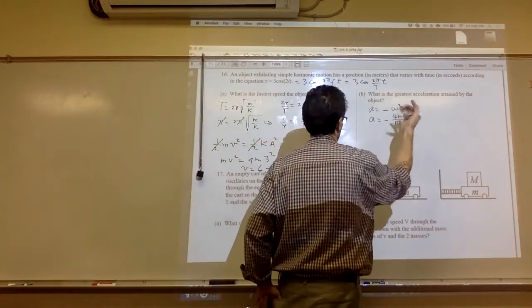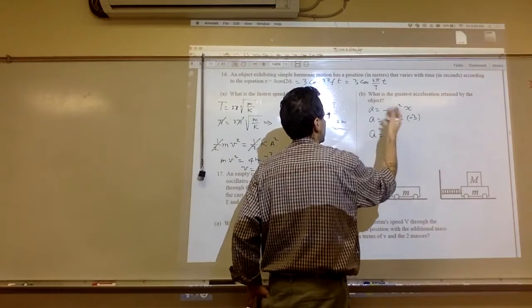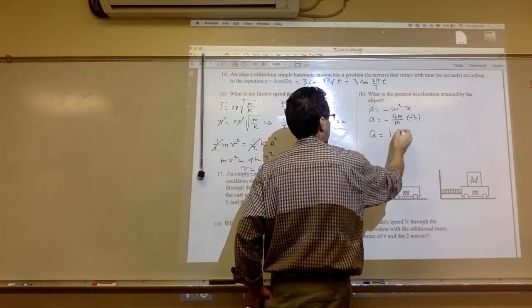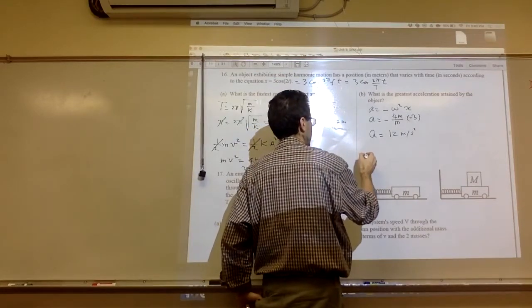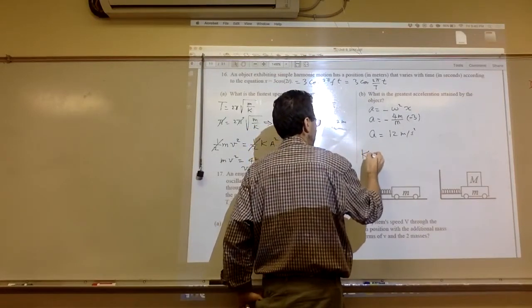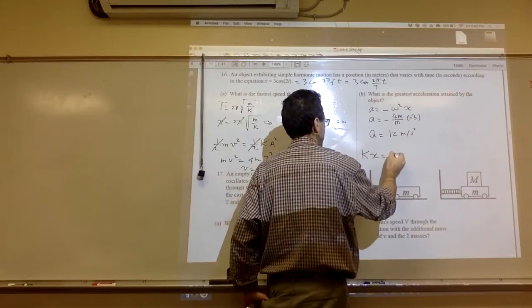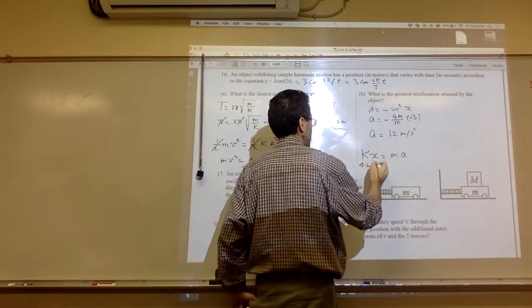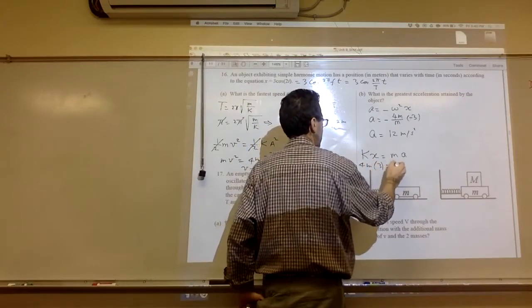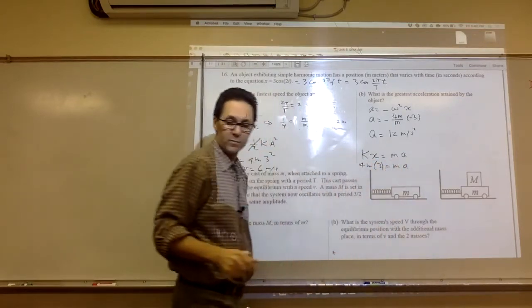We can do 3 or negative 3, just looking at the magnitude. So this is just going to be 12 meters per second squared. Another way we could have done it is say F equals ma. So this is 4m, this is 3, this is m times a, and you get 12.